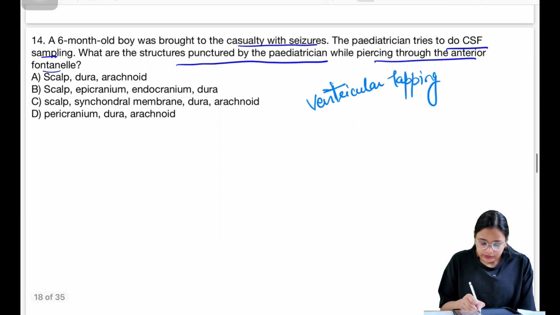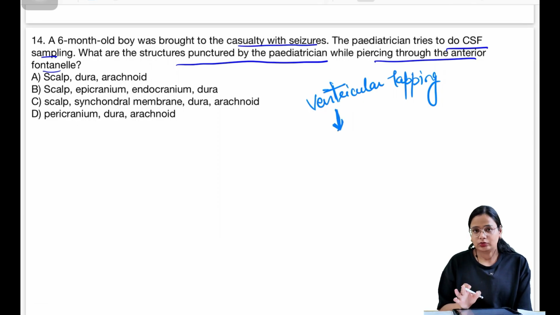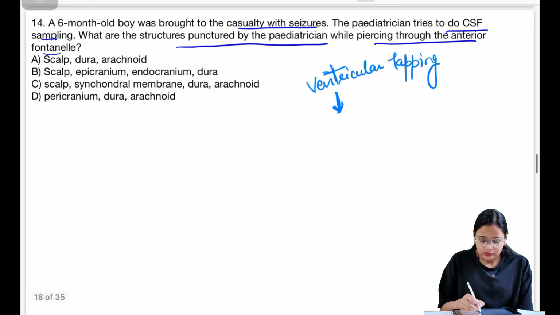Since you know anterior fontanelle, until it is closed, there is no proper bone. So what are the structures pierced from outside to inside? First structure will be scalp.